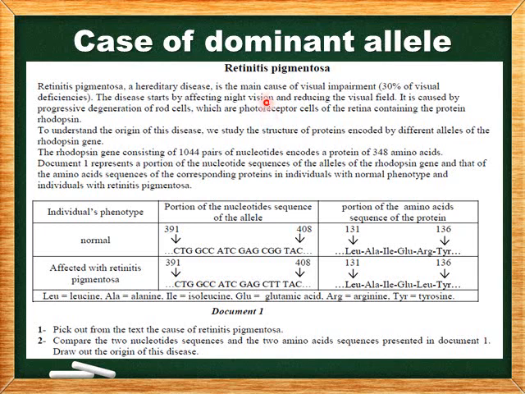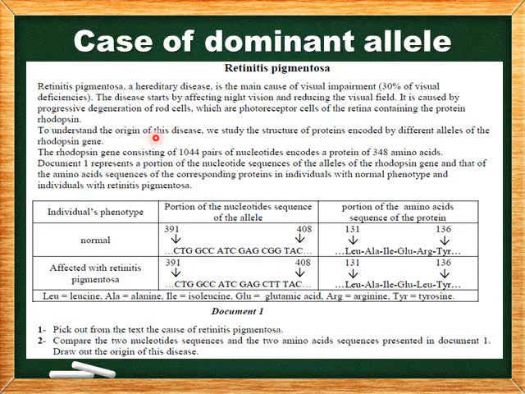All the time, the given at the beginning of the exercise is important to make a link between it and the conclusion at the end of the exercise. To understand the origin of this disease, this is our mission. We have to know what is the real origin of this disease.